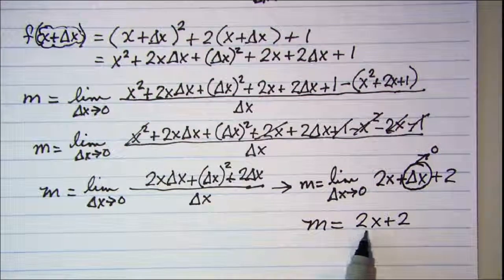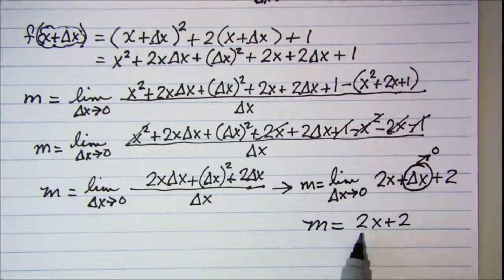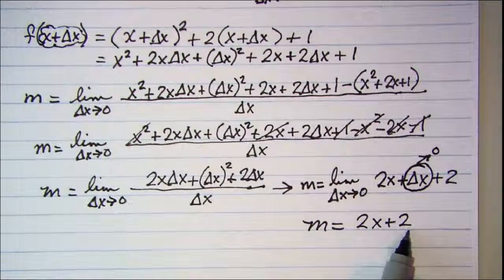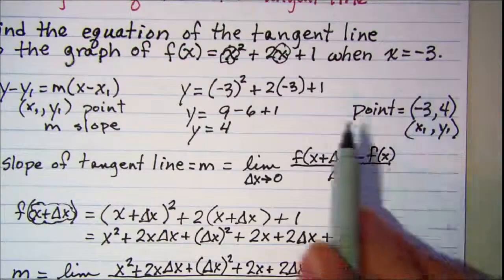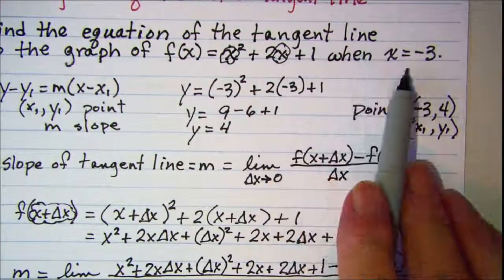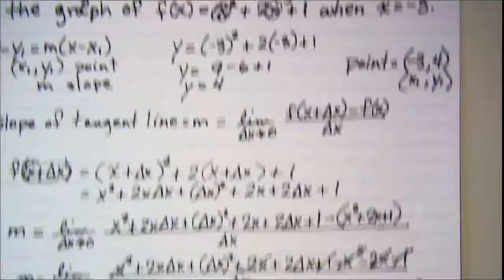Now this is the expression that I can use to find the slope of my tangent line at any x value. So I want the equation of the tangent line when x equals negative 3.